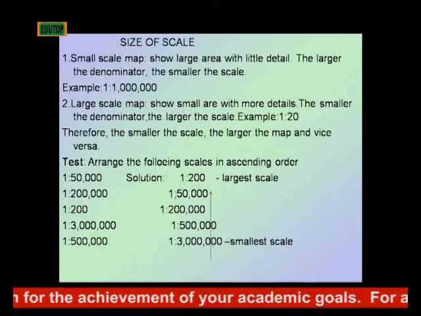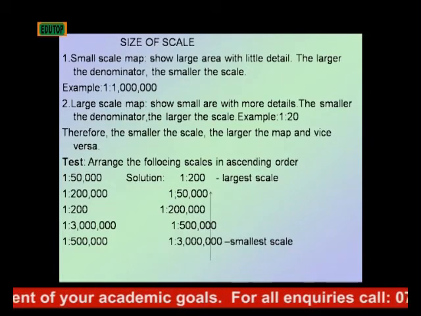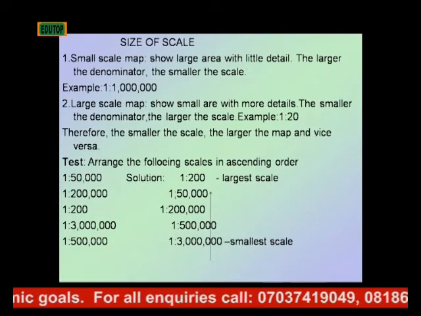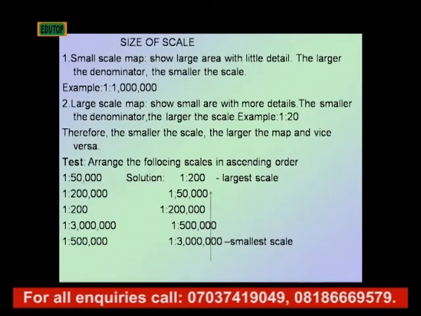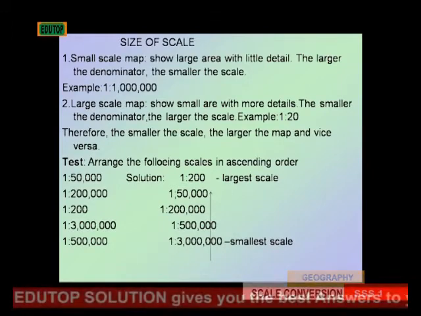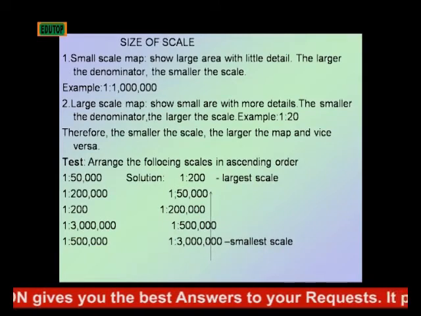You see, a map covering a very large area but showing little or no detail is referred to as a small scale map. In this case, we say that the larger the denominator, the smaller the scale of the map.